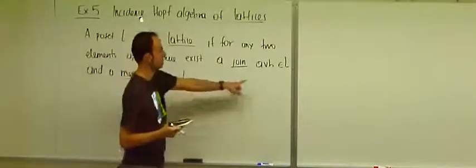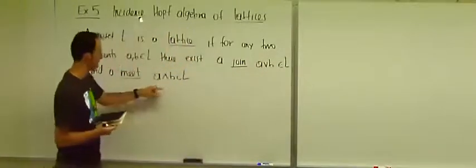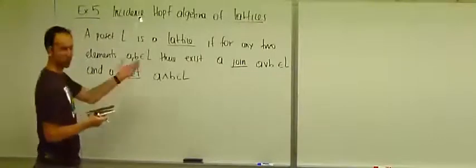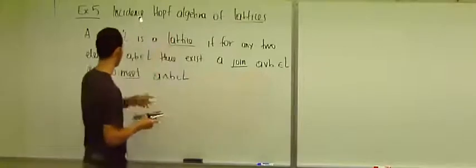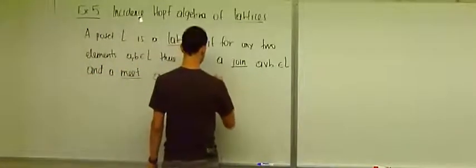And the notation for join is A with a little wedge B, and this one is an upside down wedge. Well, I don't know which one is right side up or which one is upside down, but this is join and this is meet. And they have the following properties.